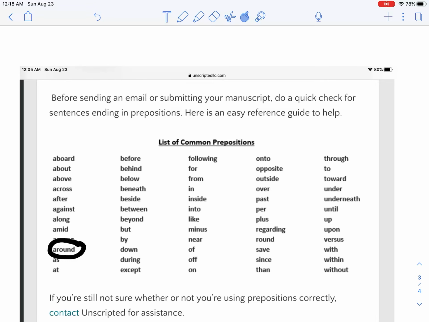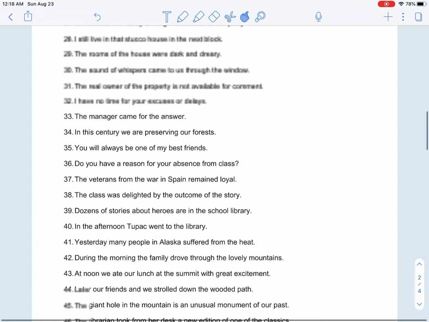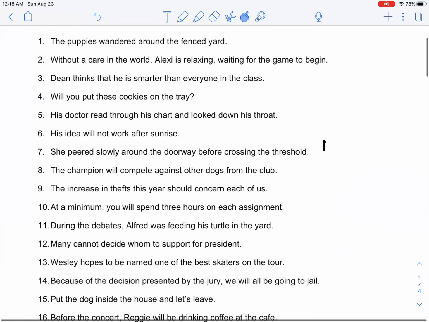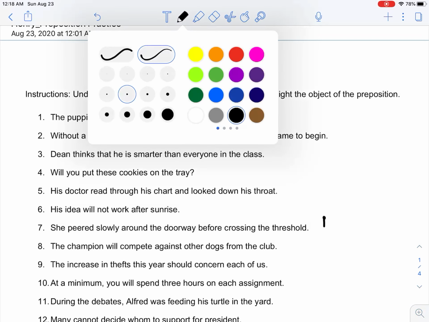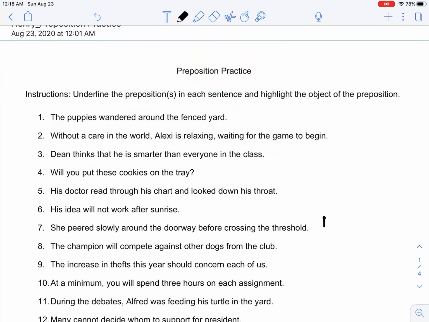Around. So that is the preposition. So let's go back up here. Around is the preposition, so we'll underline it. And then around what? Yard. So this is the object of the preposition.